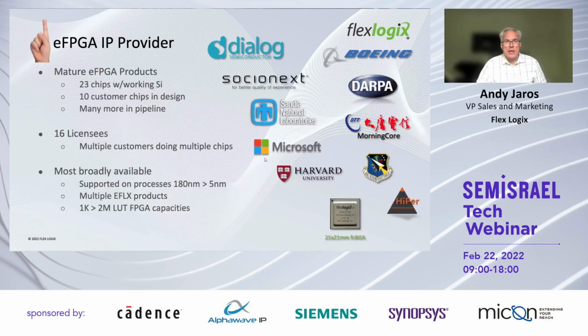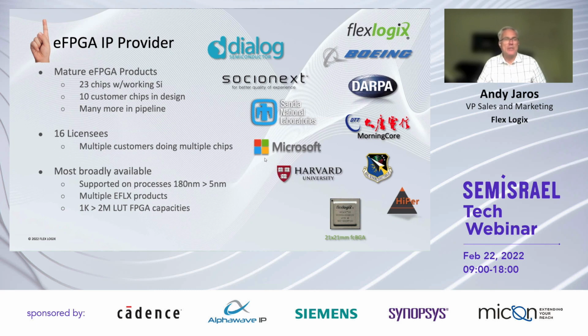The embedded FPGA business is growing. We're up to 23 chips that have been working in silicon. We have 10 customer chips in design and many more in the pipeline. We have 16 licensees so far, and multiple customers doing multiple chips, having a very positive experience with the first chip.